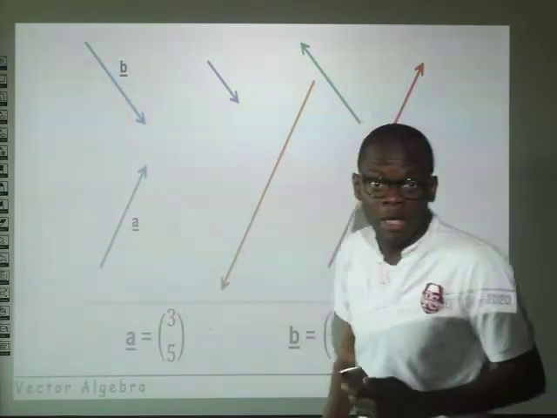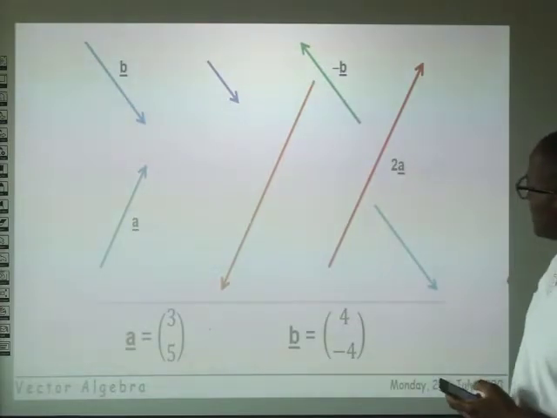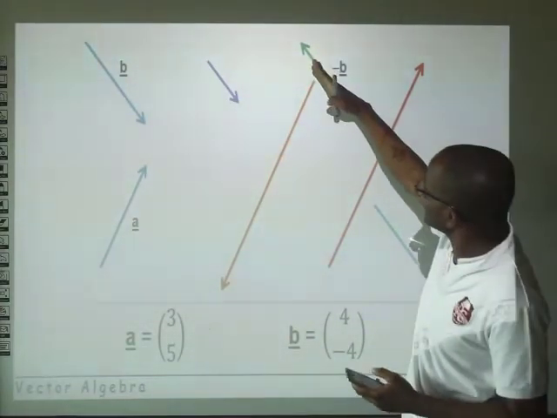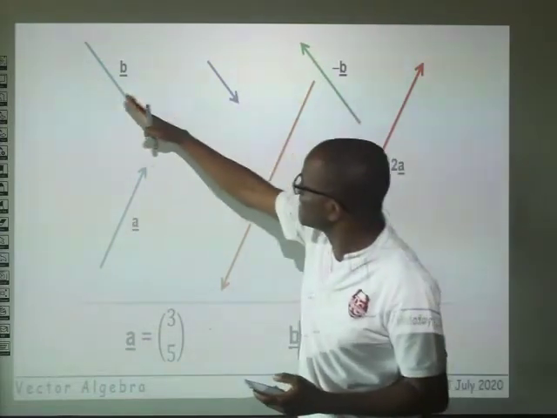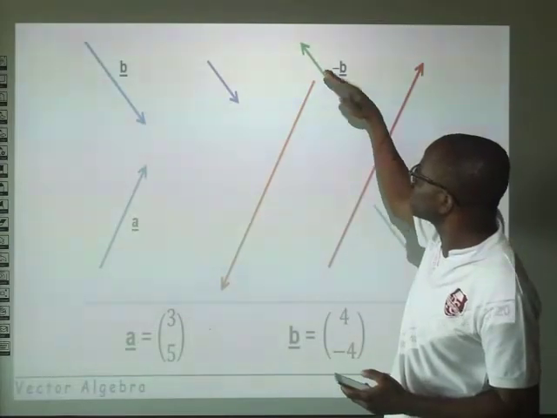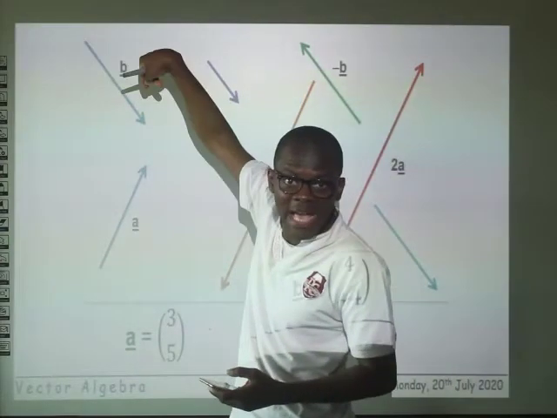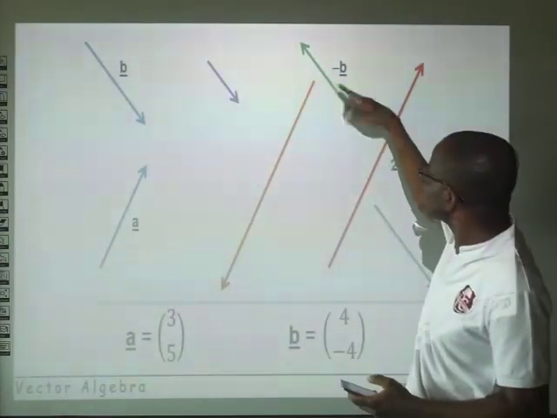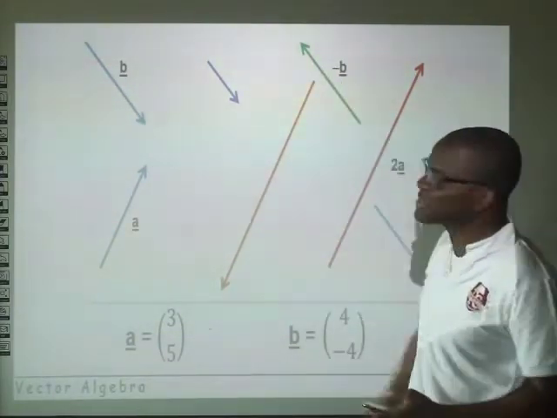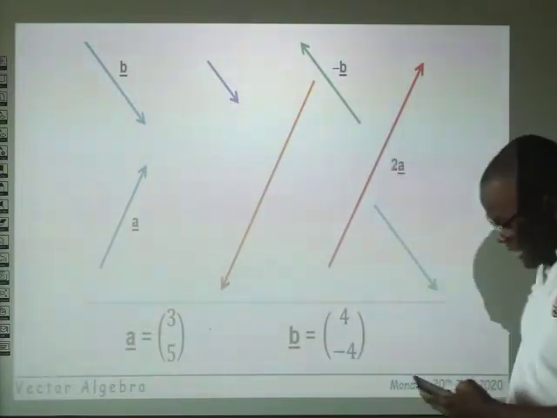They're both parallel. Alright, but look at this. The green arrow has exactly the same size as B, but it's pointing in the opposite direction. Look at B. B is pointing down. That one is pointing upwards, but they have the same size. So that clearly is minus B. Alright?